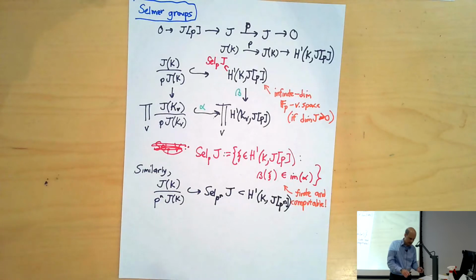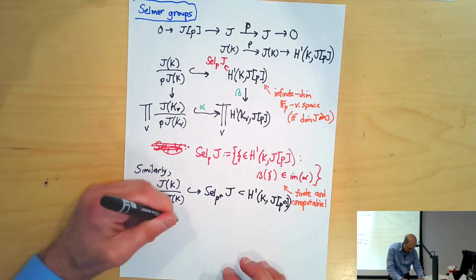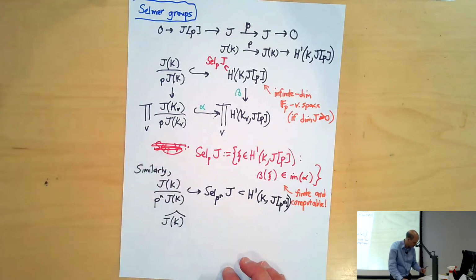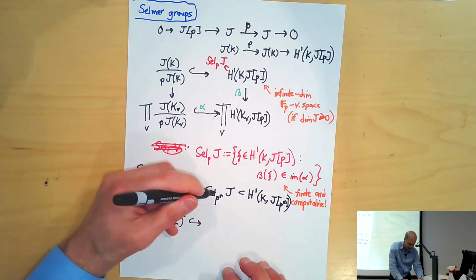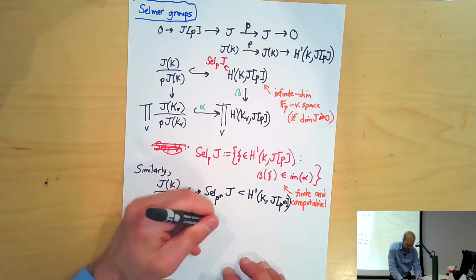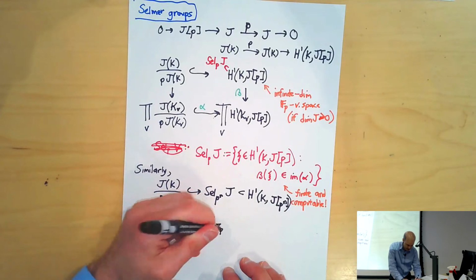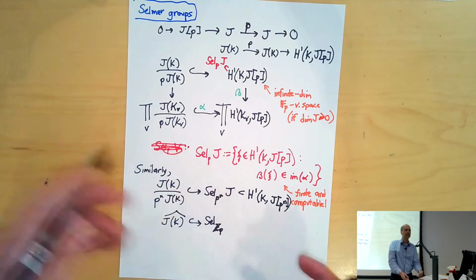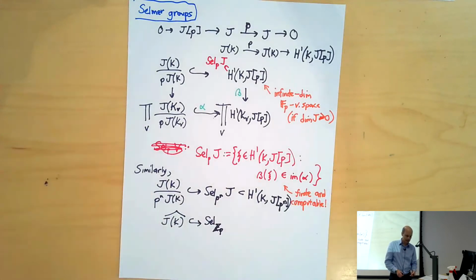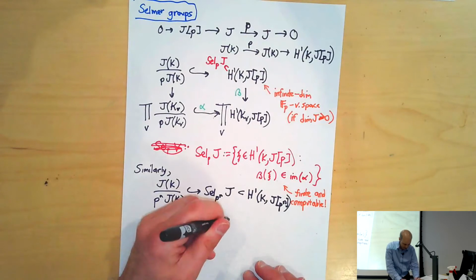And then you can take an inverse limit, and so you get the p-adic completion of the Mordell-Weil group, and that will embed into the inverse limit of these, which I'll just call the Z_p Selmer group. You can also take direct limits, which often is done in Iwasawa theory, but for this I'm going to take inverse limits.